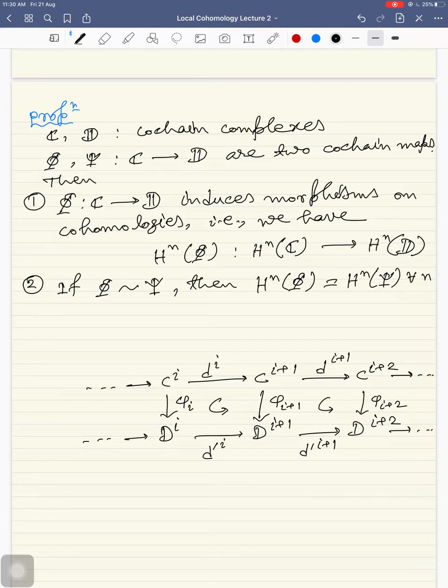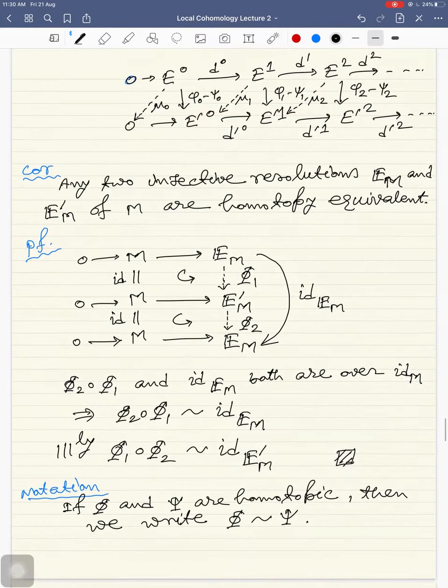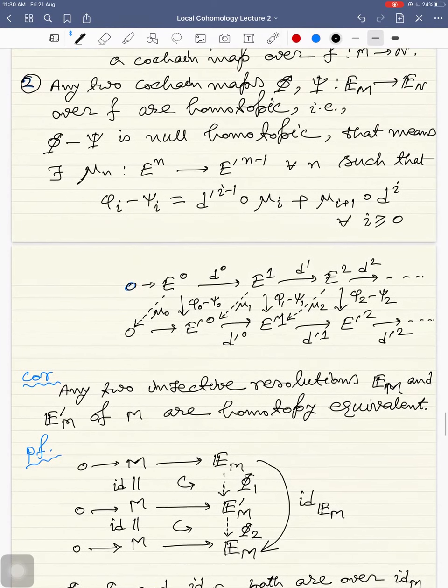What is the meaning of two cochain maps being homotopic? That means their difference is null homotopic, and the meaning of null homotopic is that you have a collection of maps such that coming this way is the same as coming this way plus coming this way.